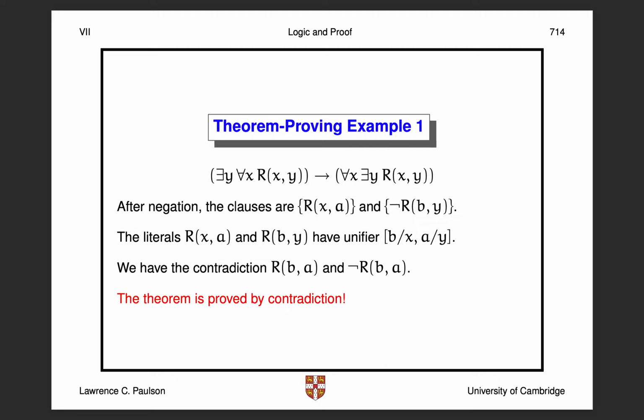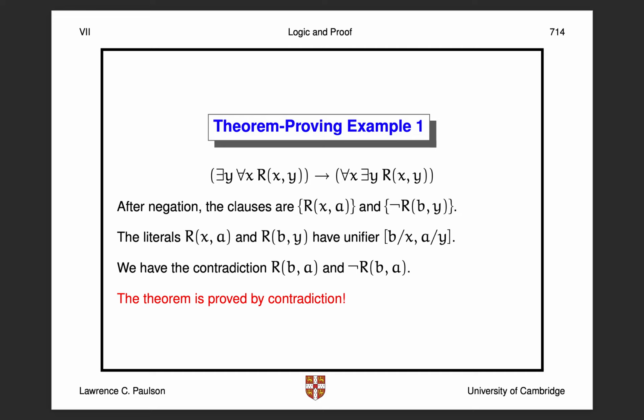And by the way, we have done skolemisation twice. The first time we used A, always a good choice for a constant. Then we used B, almost as good as A, in fact. So we have two distinct constants. You would never use the same constant twice, of course, in skolemisation.